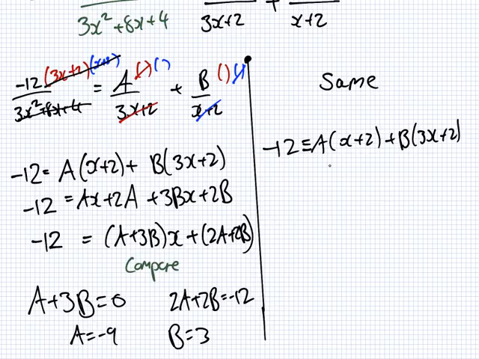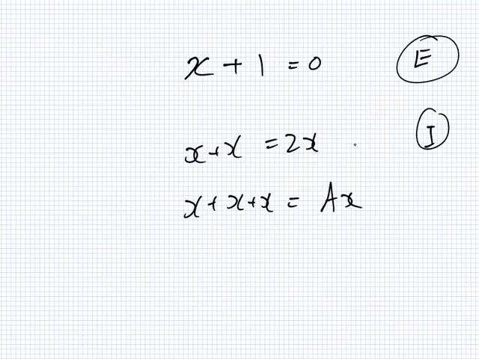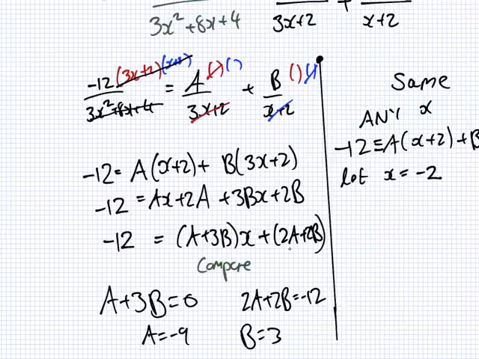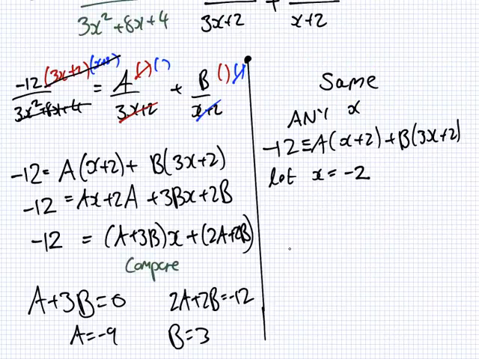What you can do here is you can choose any x, and it should still be true. For example, if I say x is 4, then you have 4 plus 4 plus 4. Does that equal 3 times 4? It does. So, because it's an identity, you can choose any value for x.